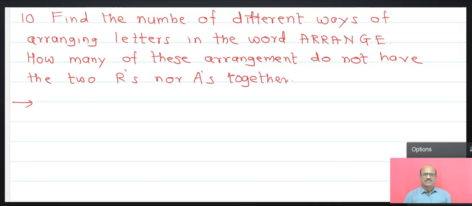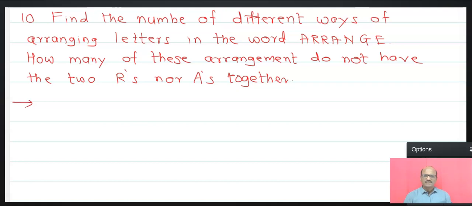That is, find the number of different ways of arranging the letters in the word ARRANGE. How many of these arrangements do not have the two R's and not the A's together. This should be not combined.